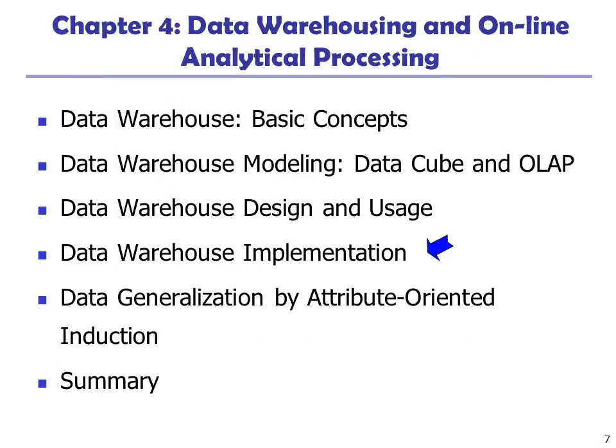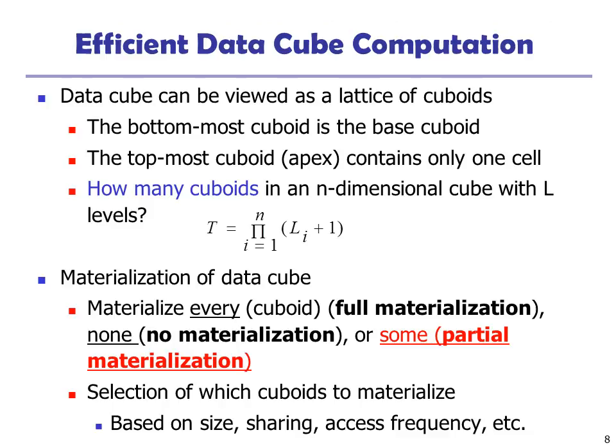Let's look at the next section, which involves data warehouse implementation. We looked at a data cube, how to come up with a data cube, in one of the previous sections. So the data cube can be viewed as a lattice of cuboids, of smaller cuboids, a union of all of which would give you the entire data cube.